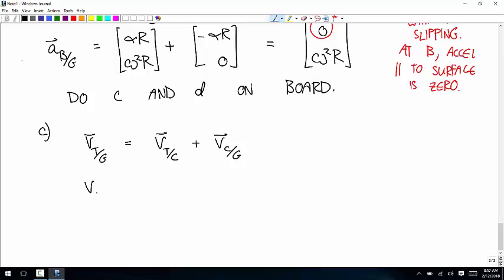So the velocity of the center relative to the ground, since the rotation is counterclockwise, is just negative omega r, 0.